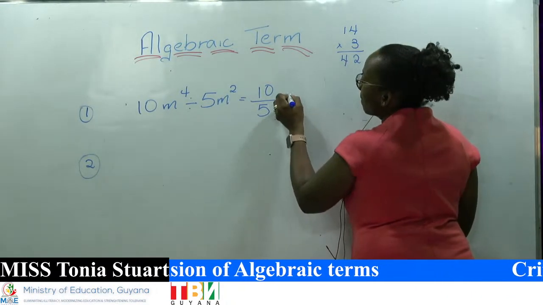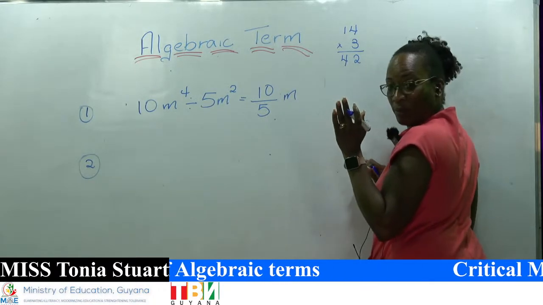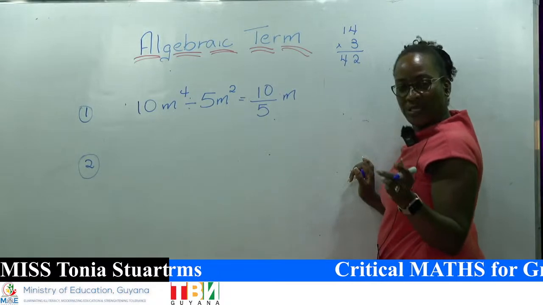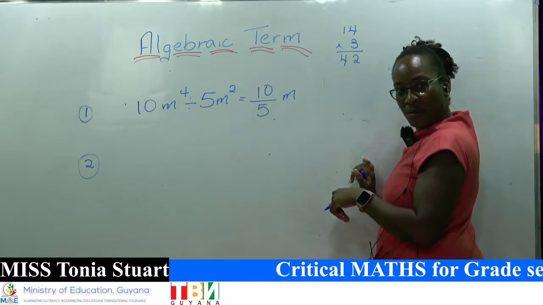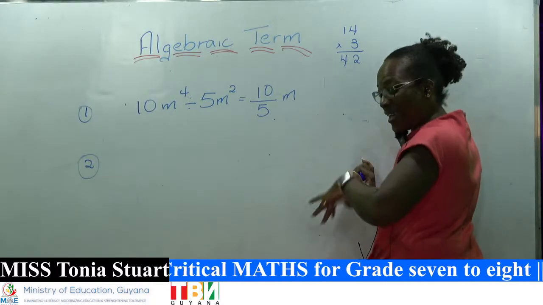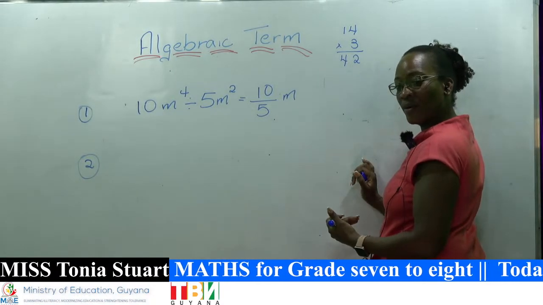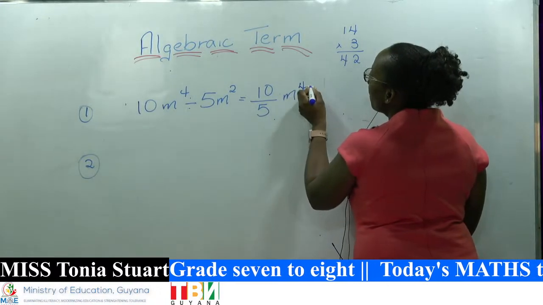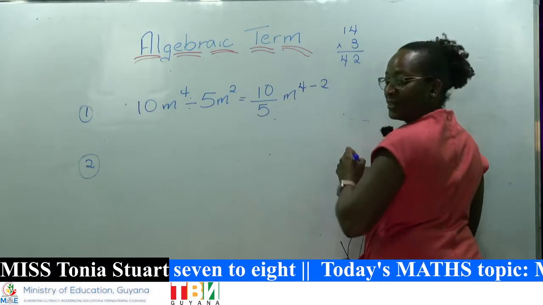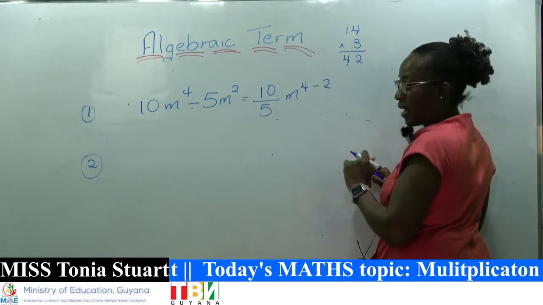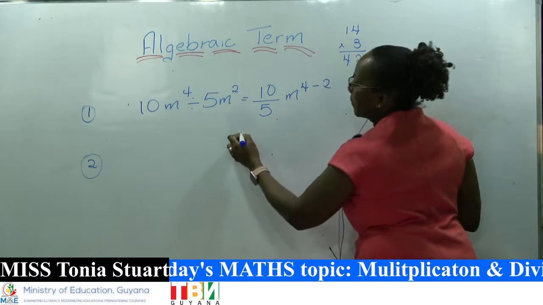M. Only M. Agree? Only M. When we were multiplying, what did we do with the power? We add them. So now that we are dividing, what do you think we should do with the power? Subtract. We subtract them. So we have 4 minus 2.